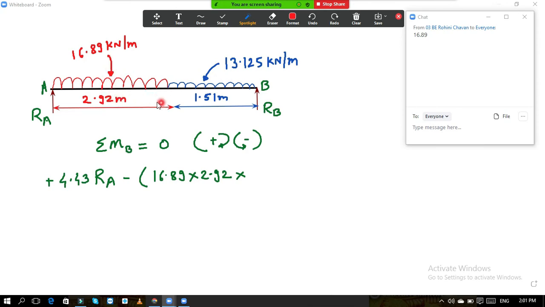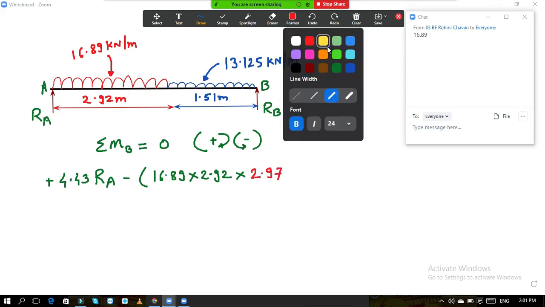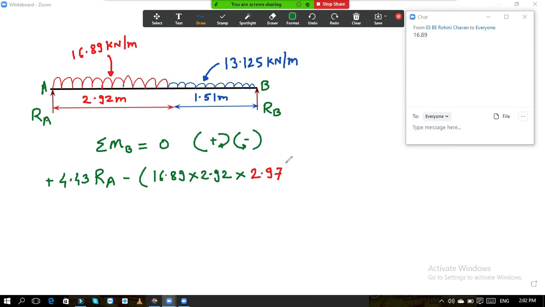So this distance is 1.46 plus 1.51. What is the answer? It is roughly 2.97. Please check. So this is your distance.